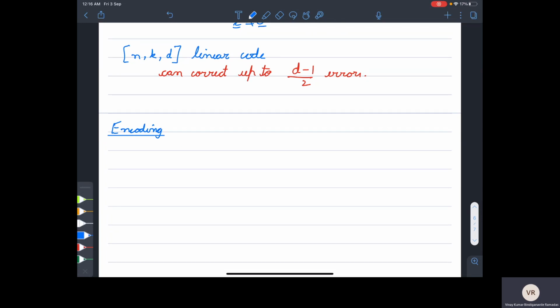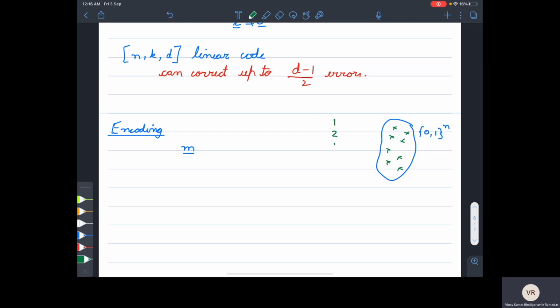I already mentioned that the encoder is a one-to-one mapping. So you have this huge space {0,1}^n, out of which you need to choose some 2^k vectors.